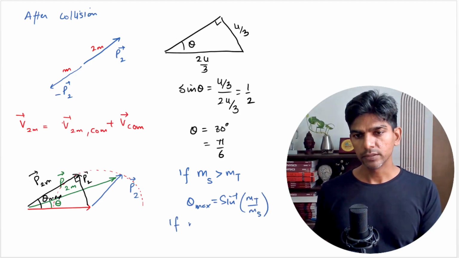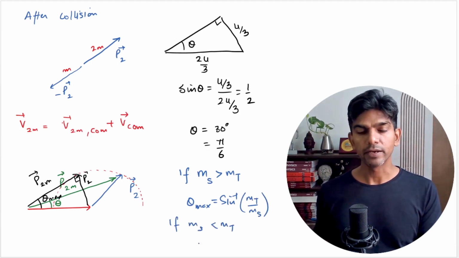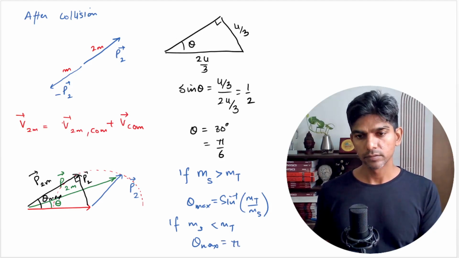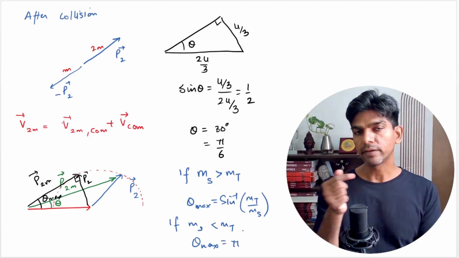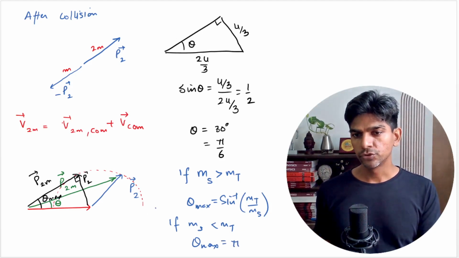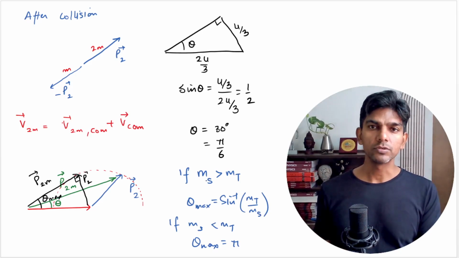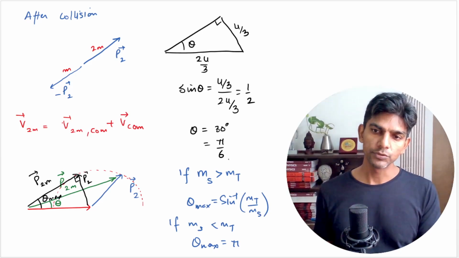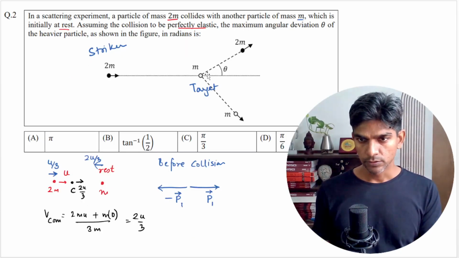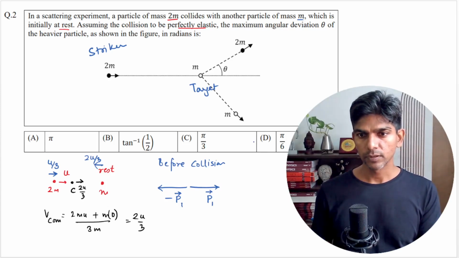But if mass of striker is less than mass of target, in that case theta max will be 180 degrees. So the small particle will retrace its path. So this you should remember. In this case, mass of striker is greater than mass of the target, so the answer will be pi by 6. So option D should be the right answer.